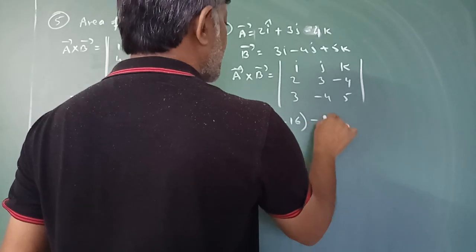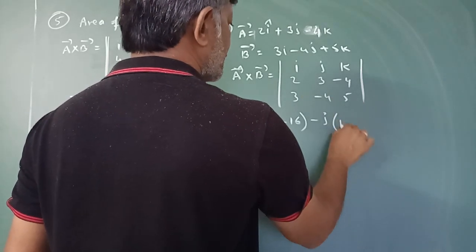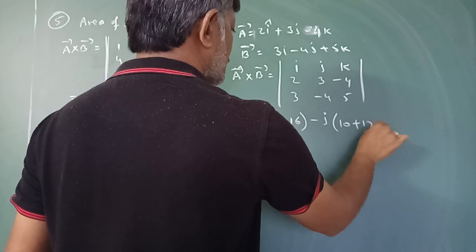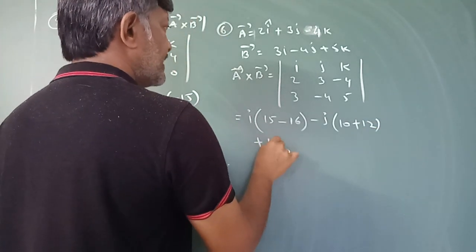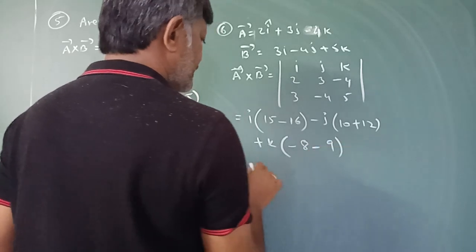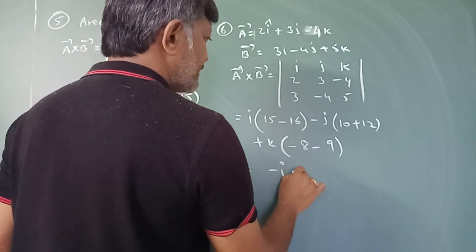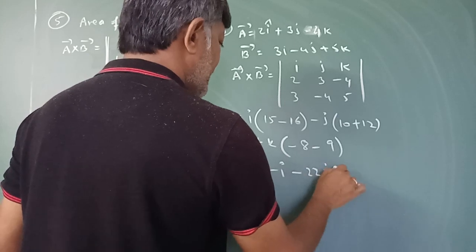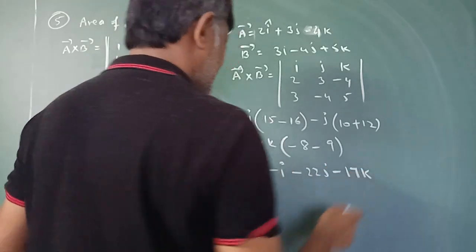Next, minus j into (2 times 5 is 10, plus 3 times 4 is 12), plus k into (minus 8 minus 9).